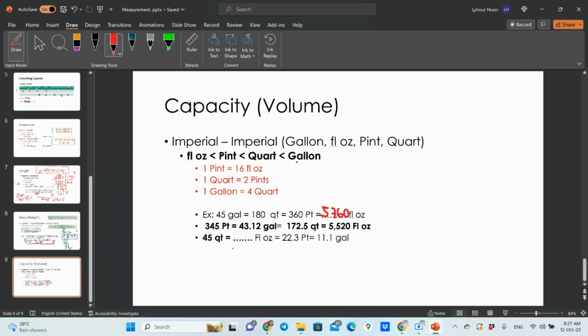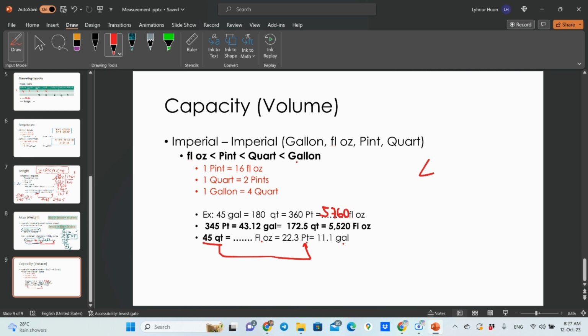Okay, so next one is 45 quarts to fluid ounces, to pints, to gallons. How do we do it? Quarts to pints first. Quarts to pints is multiply.